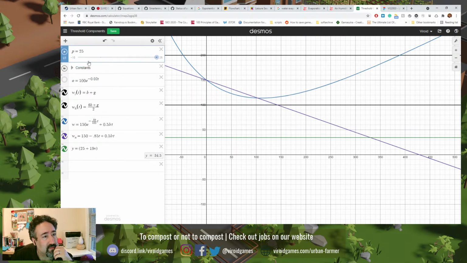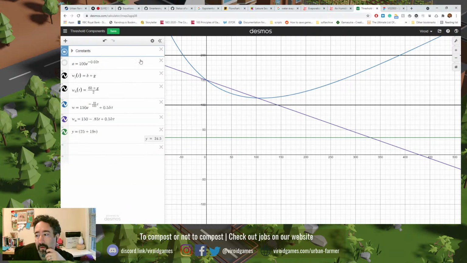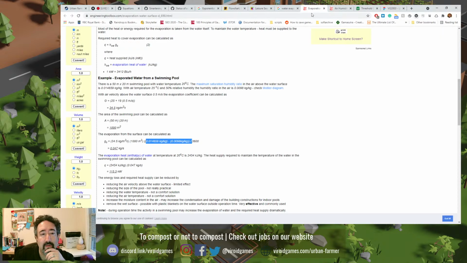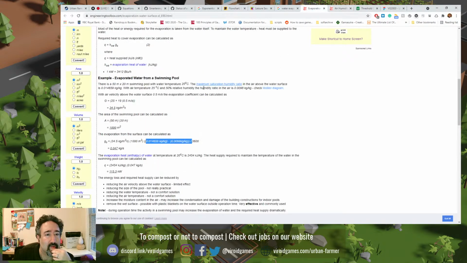Put it into constants. What is the formula? So that when this is 25, this is 20, and humidity, let's call H as humidity, is 50%.